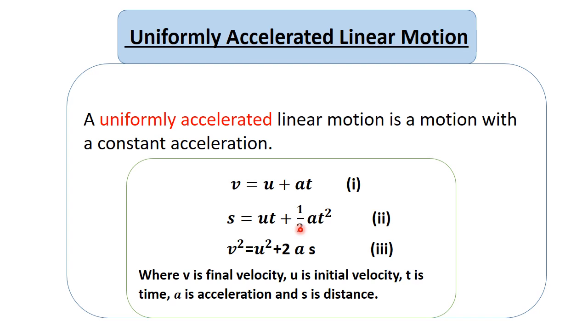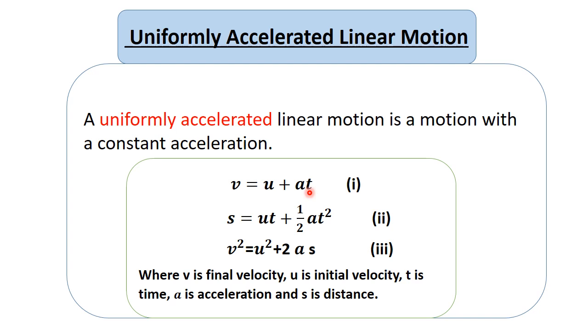Given that its initial velocity was 10 meters per second, what time did it take to cover the journey? So everything here has been given. The only thing that you don't have is this. So if you have been asked to find the time, then you use this, because if you try the others, you're going to miss out some information.